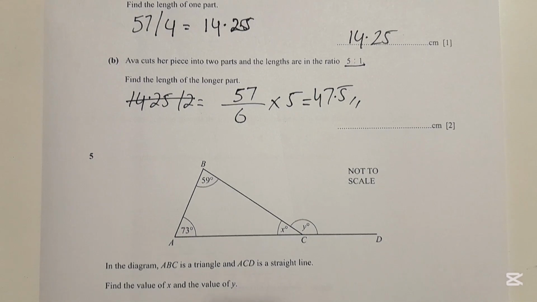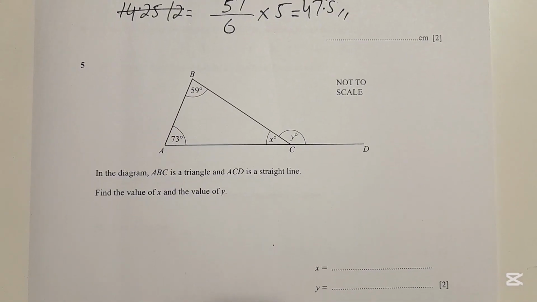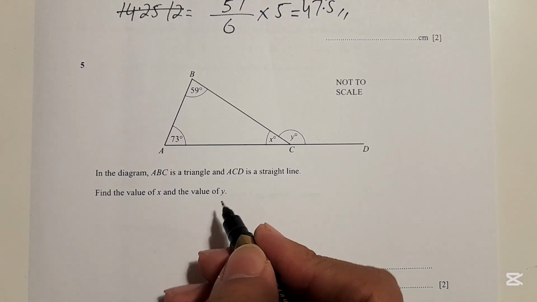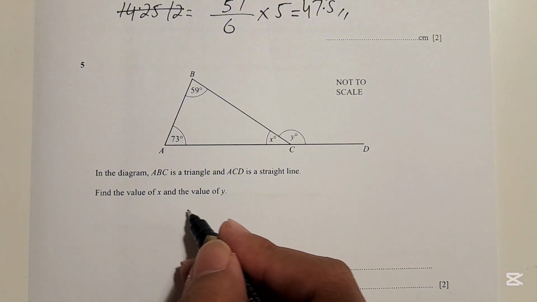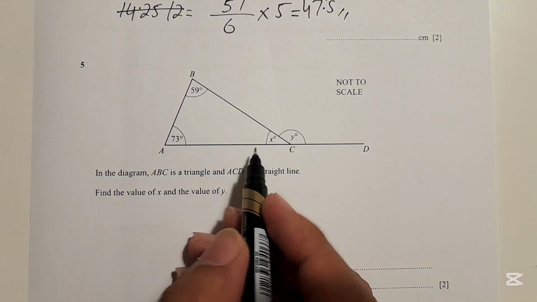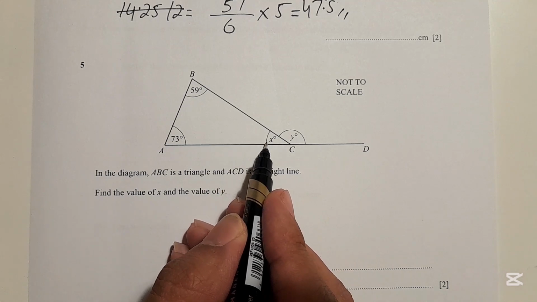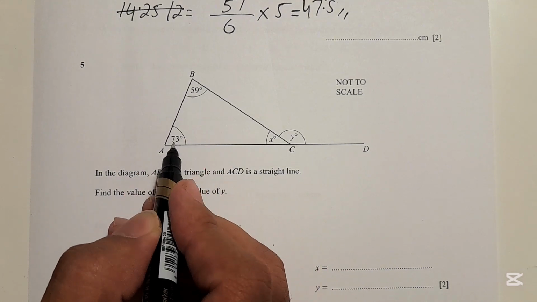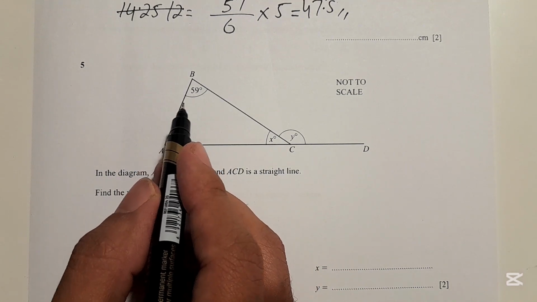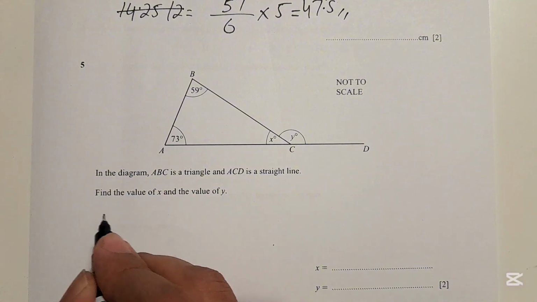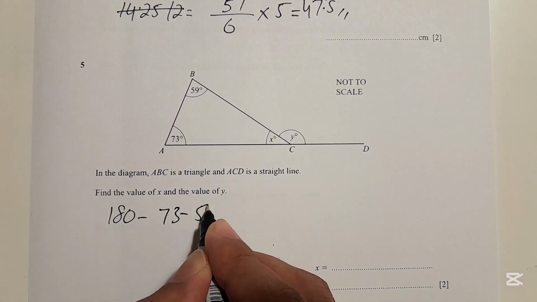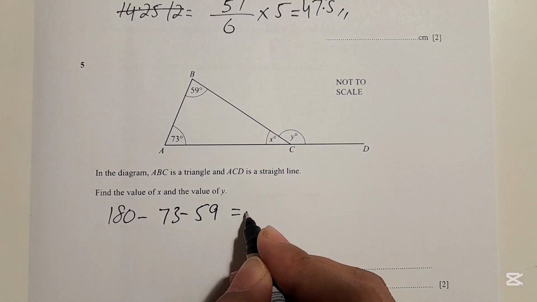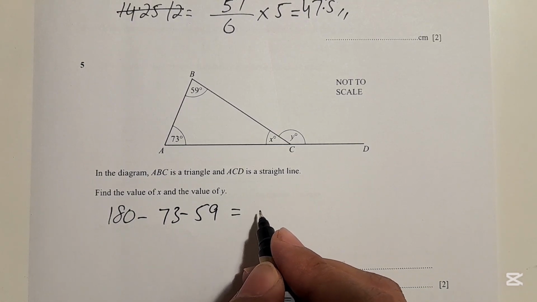Question 5 states, in the diagram ABC is a triangle and ACD is a straight line. Find the value of x and the value of y. So first, to calculate the value of x, we will add this angle 73 and 59 and subtract it from 180. So 180 minus 73 minus 59, that is 48.